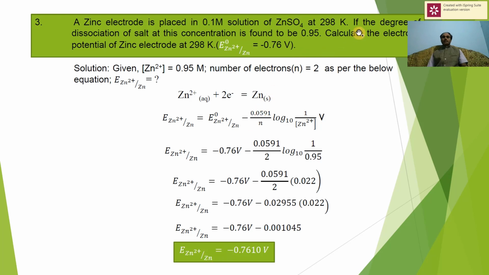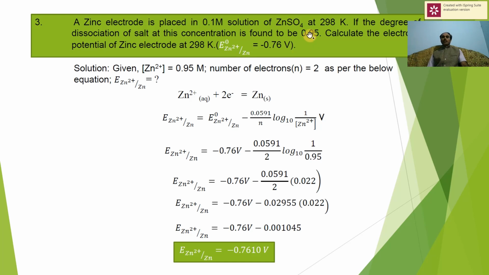If this statement is included in the problem, you have to take the dissociated concentration. Suppose in the same problem, instead of the degree of dissociation of salt at this concentration being found to be 0.95, the dissociation is given in terms of percentage, suppose 95% or 90% or 40% is dissociated.